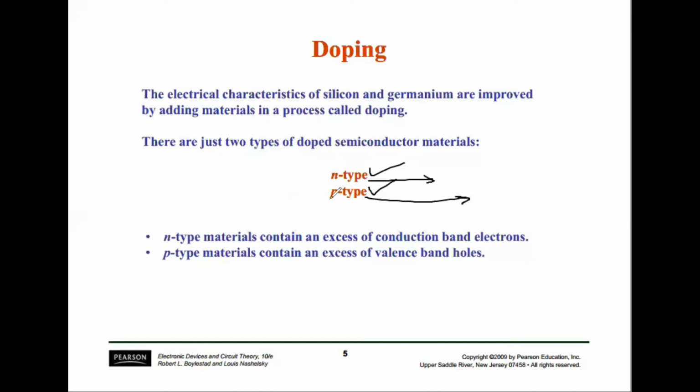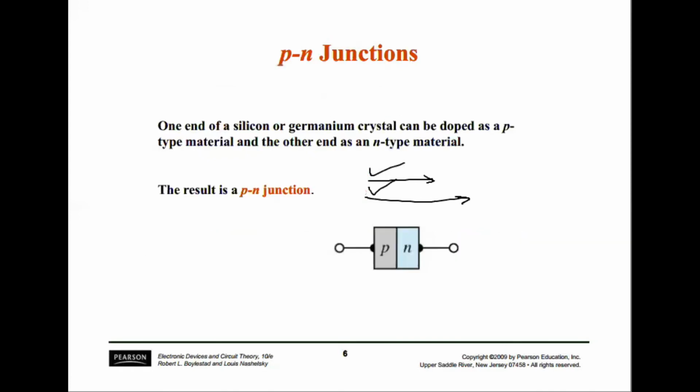This is like the internal structure of a semiconductor material. These are the things you should read by yourself, because you have seen them in your FSc and so on. I'm not going into detail of these things, but doping is a process in which we increase the conductivity of a material.